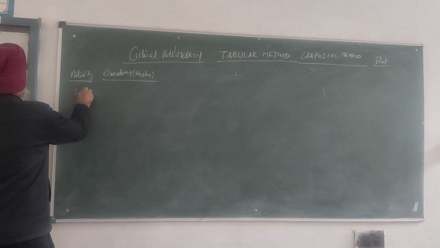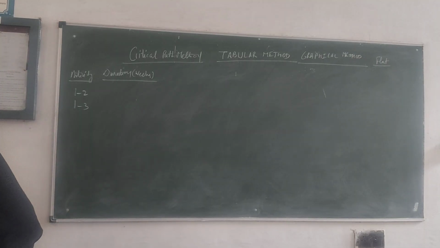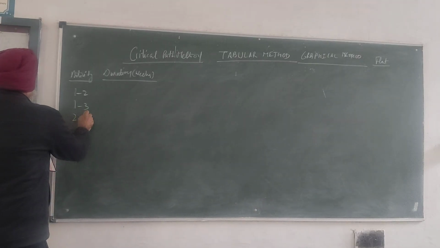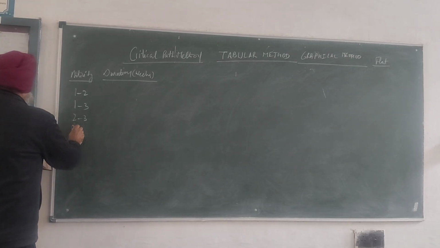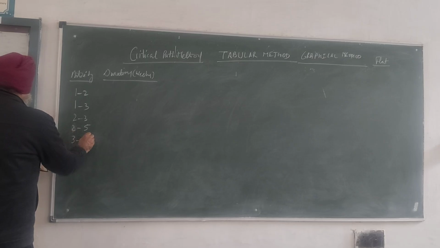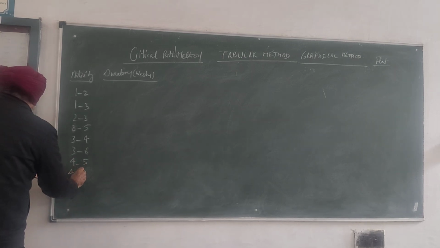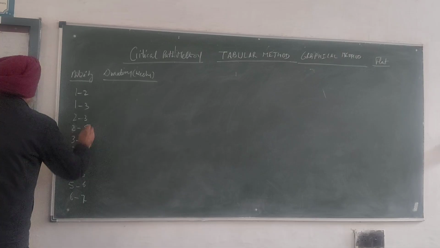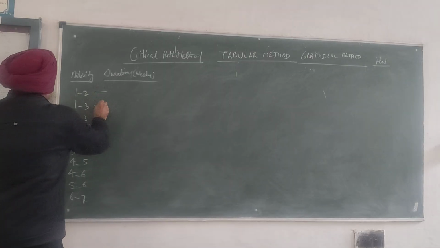Here it is 1 to 2 activity, then 1 to 3, 2 to 3, then 3 to 5, 2 to 5, 3 to 4, 3 to 6, 4 to 5, 4 to 6, 5 to 6, and 6 to 7. If you count, it is 10 activities.